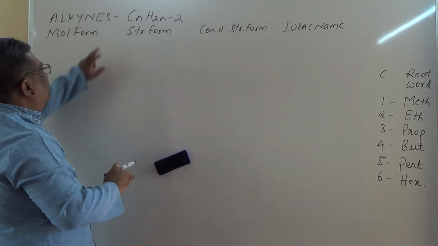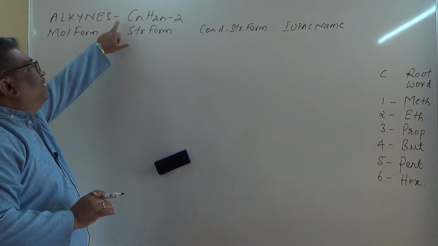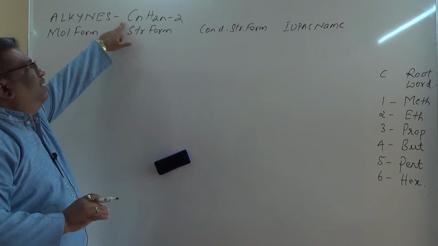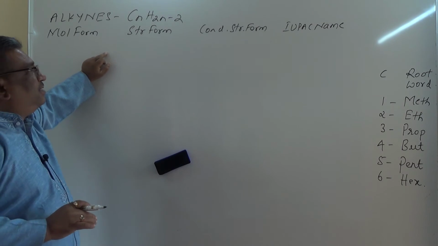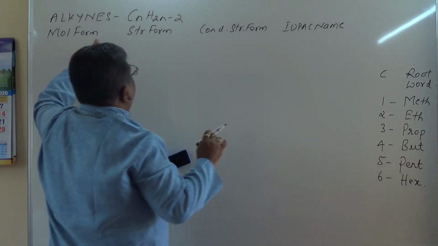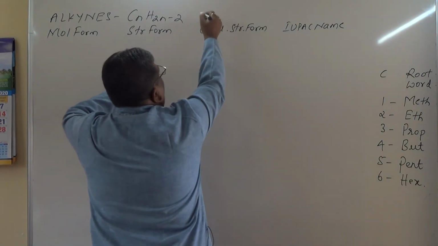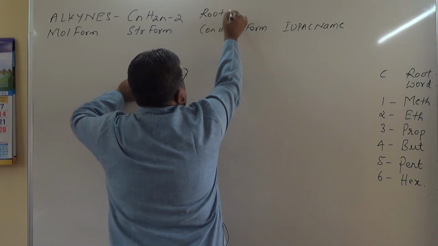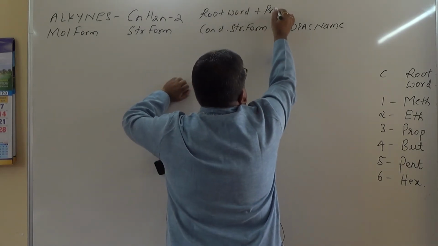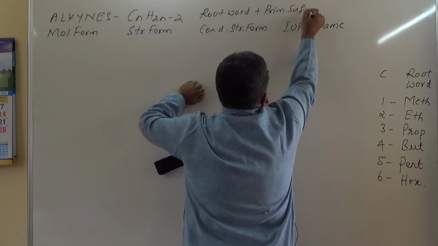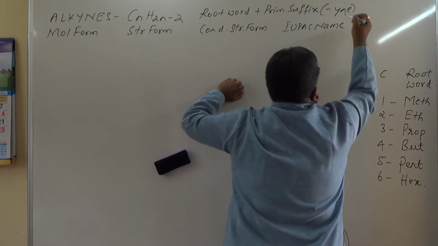Now alkynes are also unsaturated hydrocarbons. The molecular formula is derived from CnH2n-2, which is the general formula for this entire alkyne series. And what else? Unsaturated hydrocarbons, naming: root word plus primary suffix, and the primary suffix is yne.